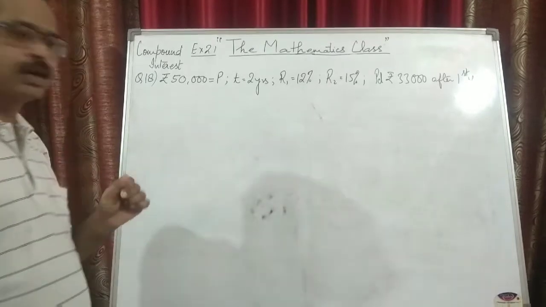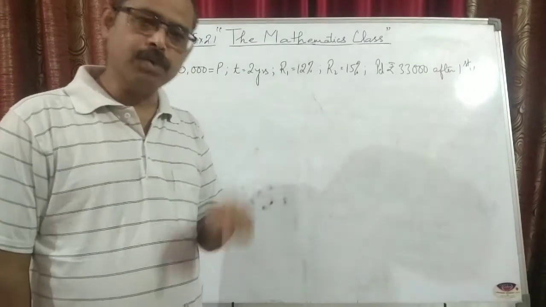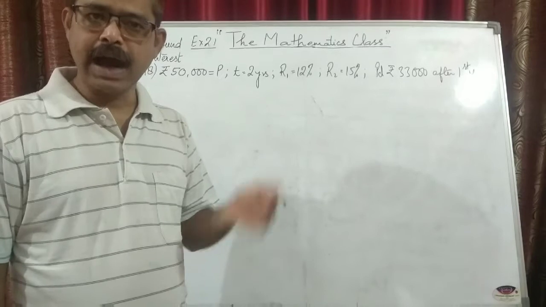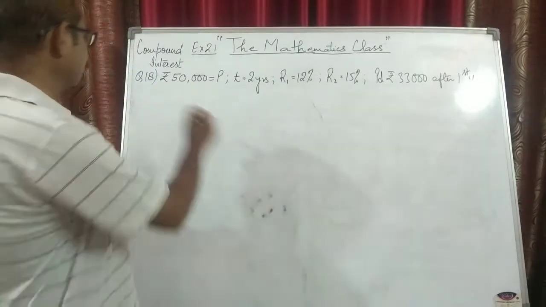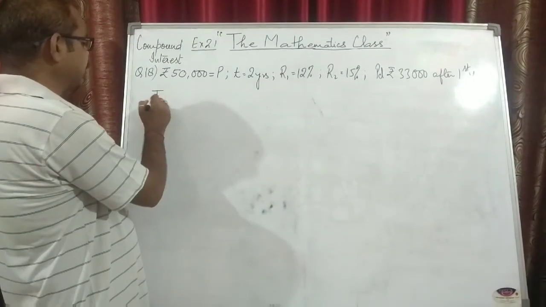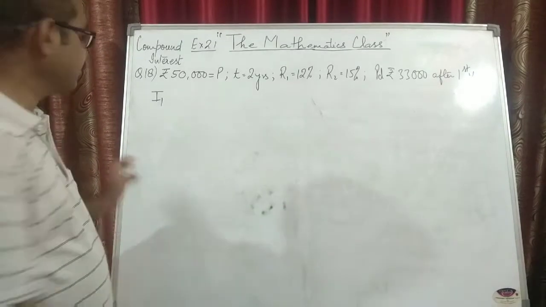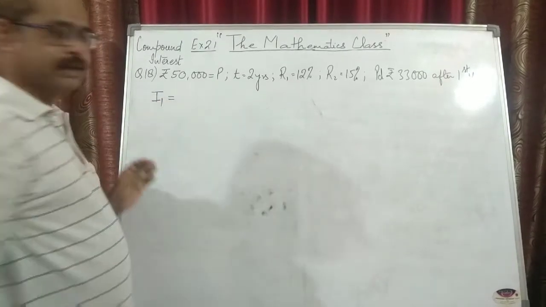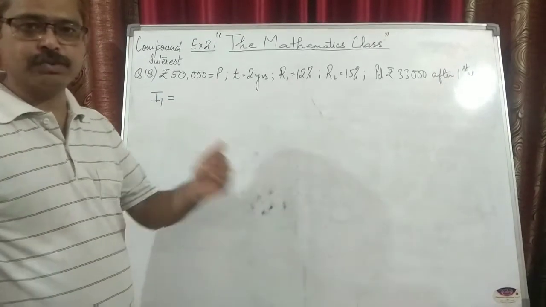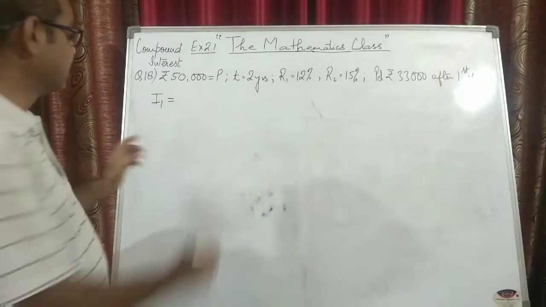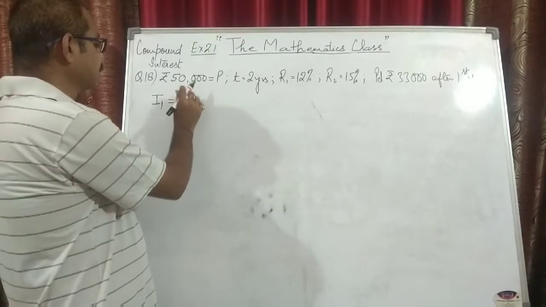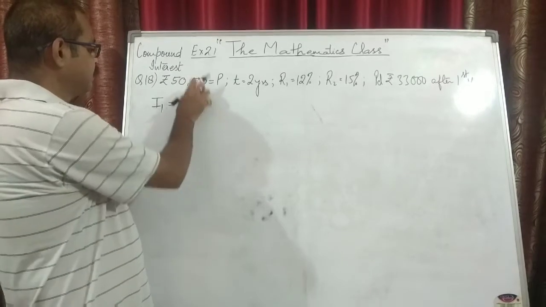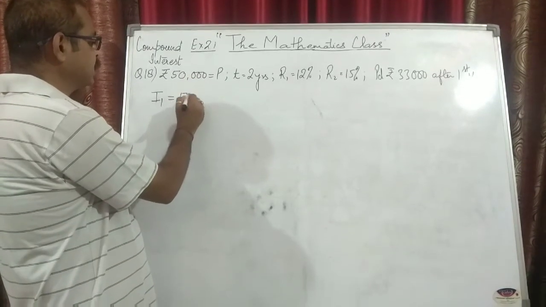First, we will find out what is the amount to be paid after first year. So I will calculate the interest after first year, that is I1. We know that the formula of interest is P into R into T upon 100, where T is 1. So P, I am writing directly, P is 50,000.